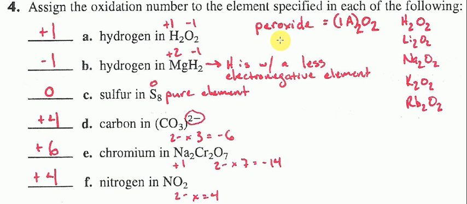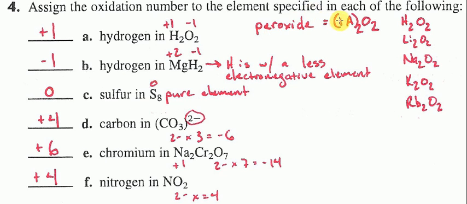All those small changes to the names were made to indicate the differing numbers of oxygens in that polyatomic ion. The same idea is applied to this per on the peroxide. So when we say peroxide, we are very explicitly saying there's more oxygen than normal here.